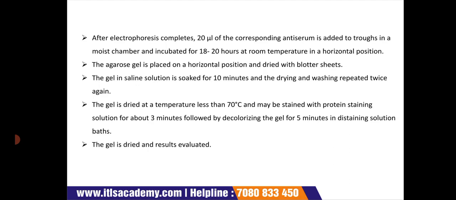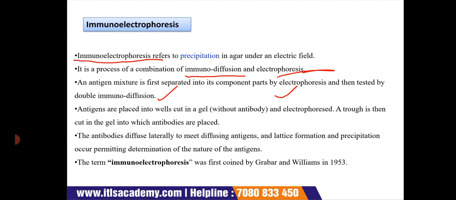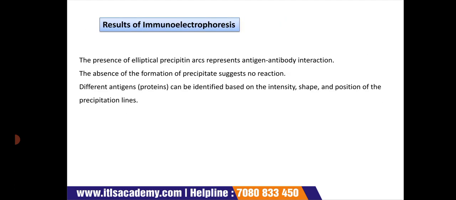That is the reason in the first slide, immunoelectrophoresis refers to precipitation in agar under an electric field, and the precipitation mentioned here is how different antigen proteins are identified on the basis of their intensity, shape, and position of the precipitation line. So this is the result of immunoelectrophoresis.